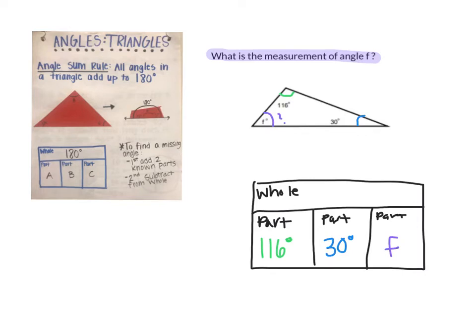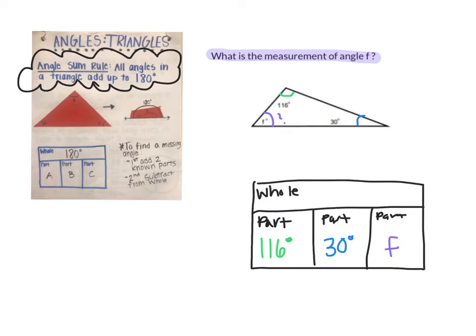The last thing that's really important that we fill in is our whole. We talked about this a lot in our last video: these types of problems are not going to tell us our whole. We have to remember the angle sum rule that tells us that all angles in a triangle add up to 180 degrees.